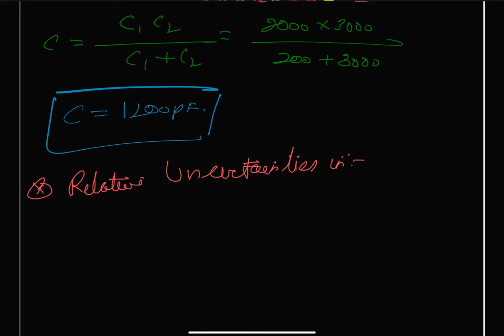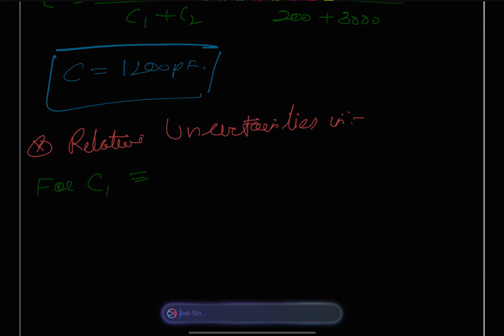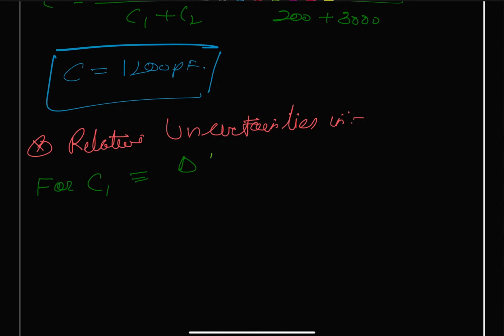First of all, we are going to find out it in C1. So for C1, we can write this as delta of C1 upon C1, which is given as 10 upon 2000, and that will be our 0.5%.